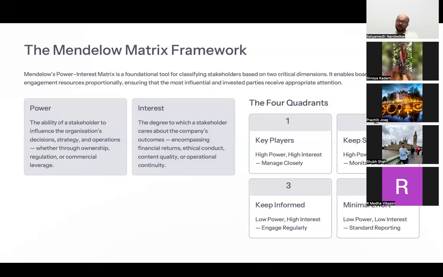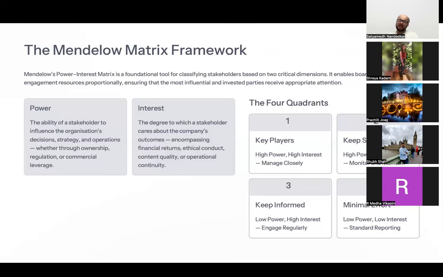Then we have those stakeholders who fall in the high power, low interest category, who wield a high amount of power but who are not so intimately affected or financially impacted by what is happening in the entity. You have to keep them satisfied, monitor the performance and maintain the relationship, but you don't have to make extra effort.